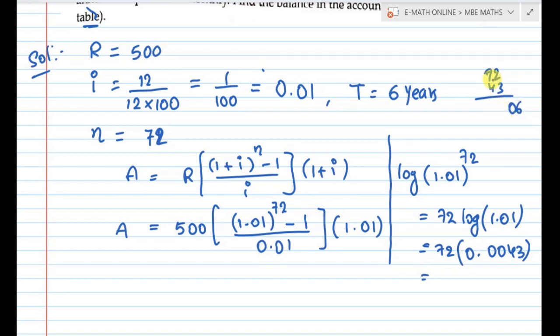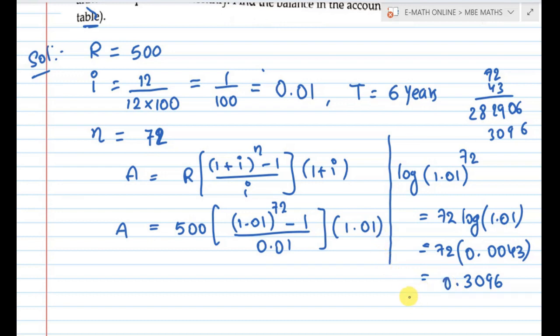3 2s are 6, you should write 06, 7 4s are 28, and 7 3s are 21, 21 plus 8 is 29, so 6, 9, 10, 3096. So write down 0.3096.